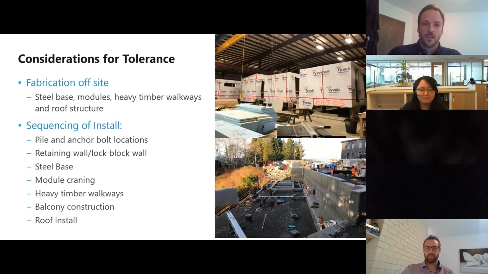James? So considerations for tolerances. As we mentioned in the first slide there, the steel base, the mods, the heavy timber walkways, and the roof structure were all prefabbed and had to be built within 1/8 of an inch. So this obviously was one of those things when you hear about it, it doesn't seem too bad, but when you actually consider the fact that you're not only producing a drawing, but you're having someone else build to a plan, and there's going to be a human factor in there and what's going to be the differences.